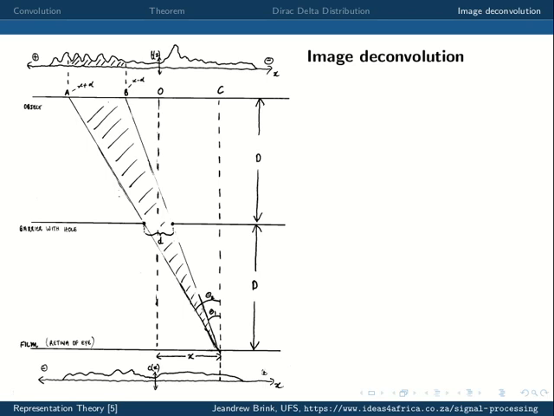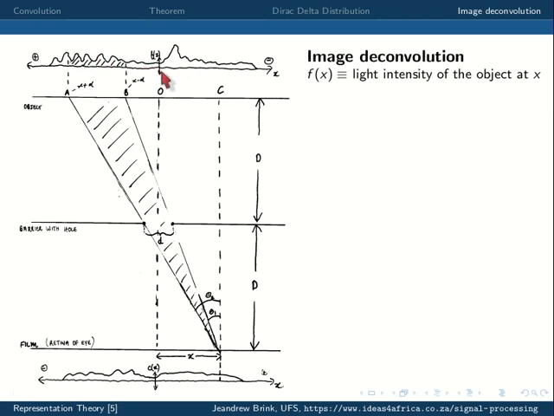So the basic idea over here is you have two things. You have the real world, this function f of x, which is all the light intensity being emitted by the mountains and the trees and everything in the street. We're going to call this the profile, and this is once again just a 1D example.